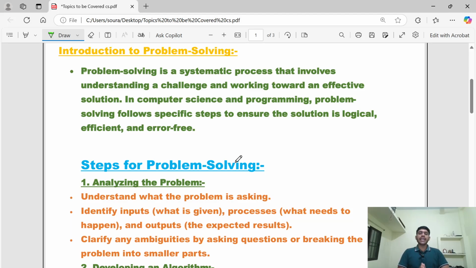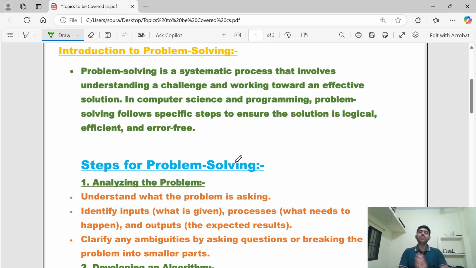So in computer science and programming, problem solving follows specific steps to ensure the solution is logical, efficient and error free. If we move to the computer science field, if you are getting any kind of project in the company, then what is your task?